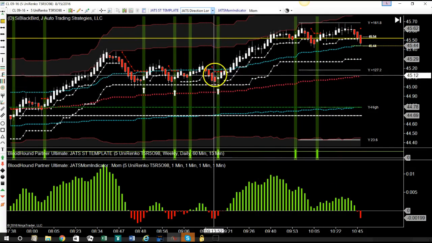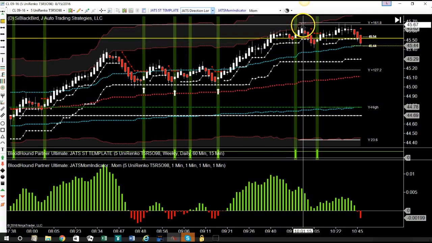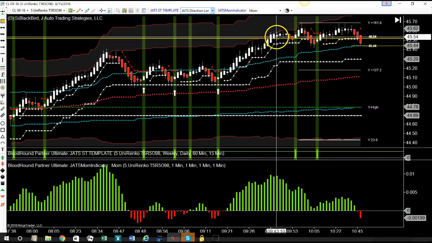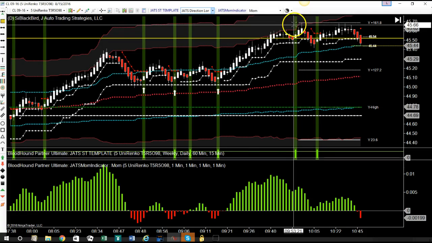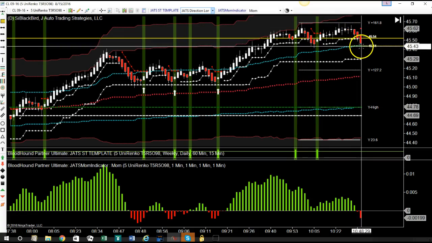I actually did get this one, but as usual, I let it off too soon, and I am working on getting better at that. And it made it up to the target at yesterday's 161.8 before coming back to the VWAP.